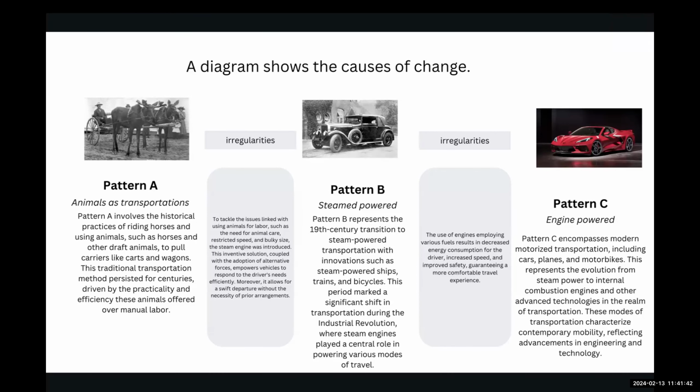This represents the evolution from steam-powered to internal combustion engines and other advanced technologies in the realm of transportation. These modes of transportation characterize contemporary automobiles, reflecting advancements in engineering and technology.